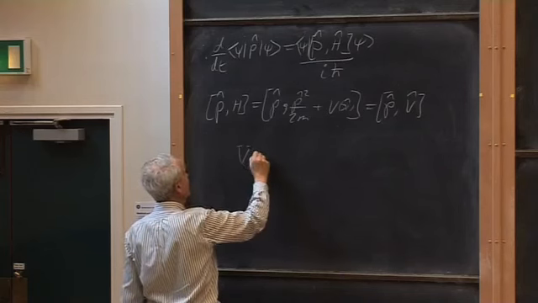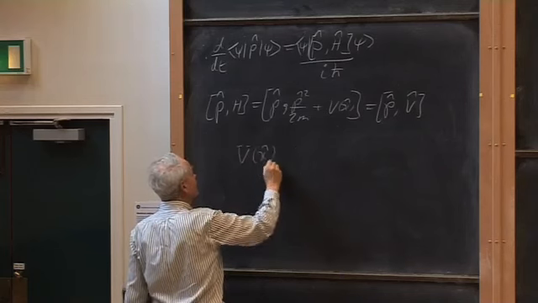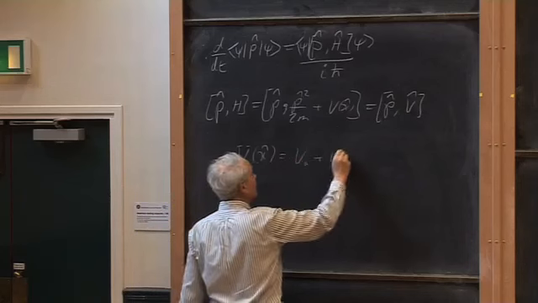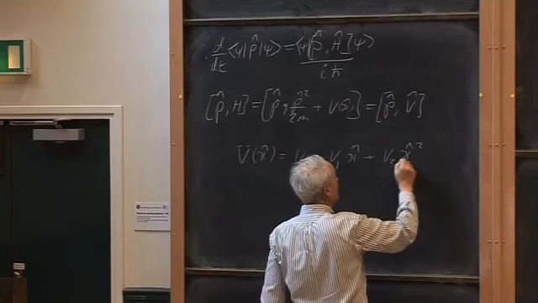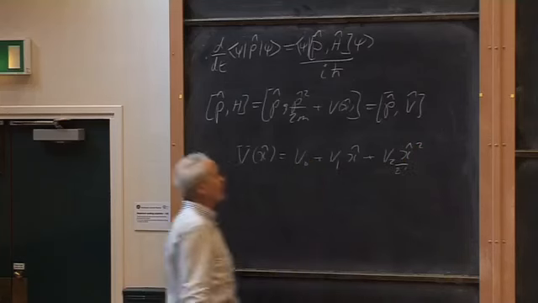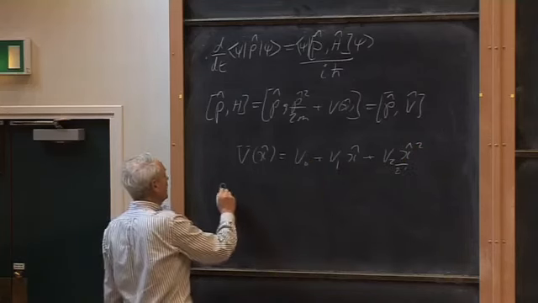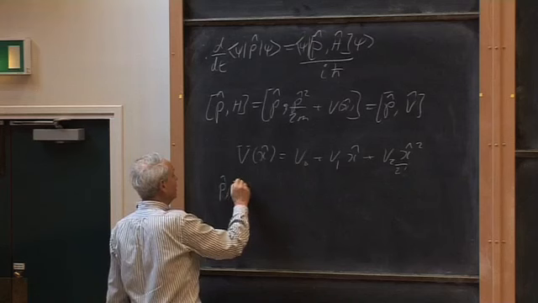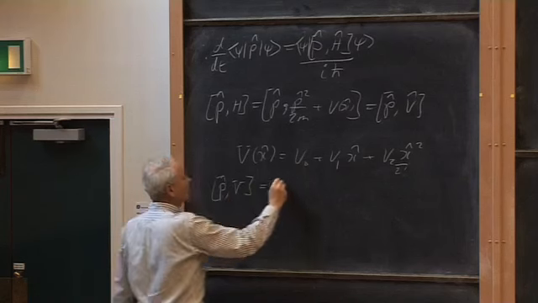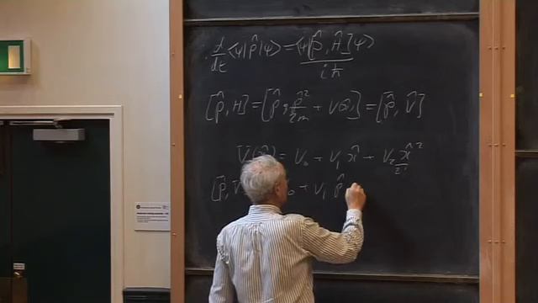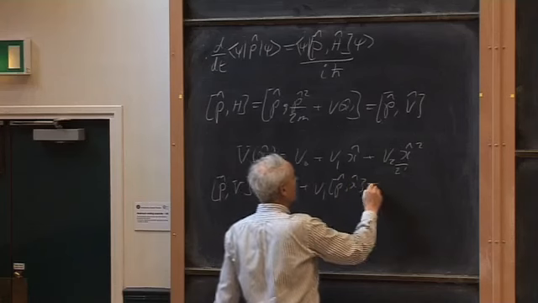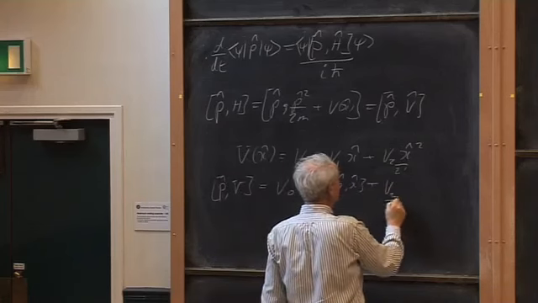We expanded V of x as V0 plus V1 x hat plus V2 x hat squared over 2 factorial, et cetera. And then when we calculated p hat with V, what did we get? We got V1 times the commutator of p with x, plus, and here we would have V2 over 2.